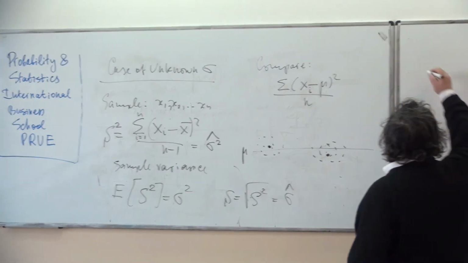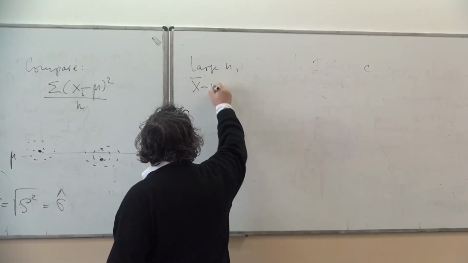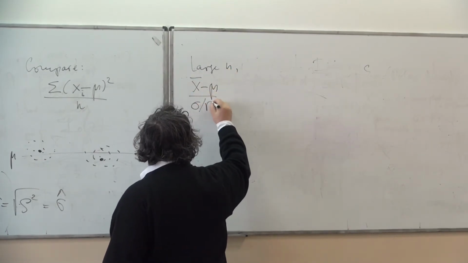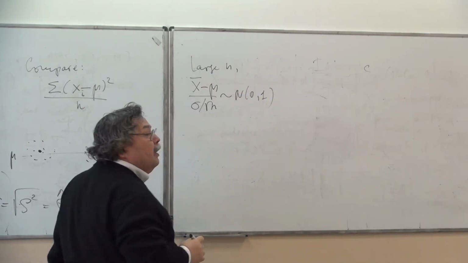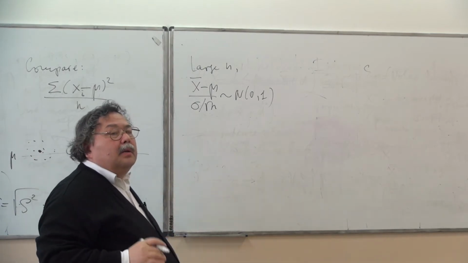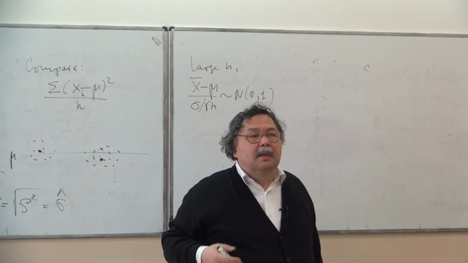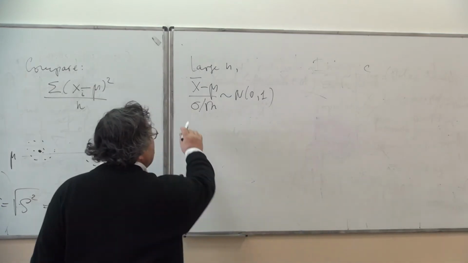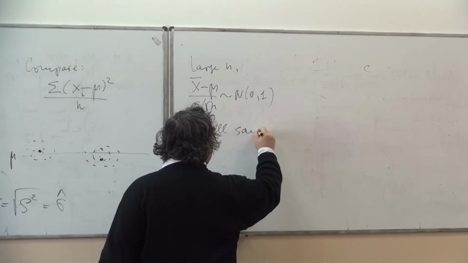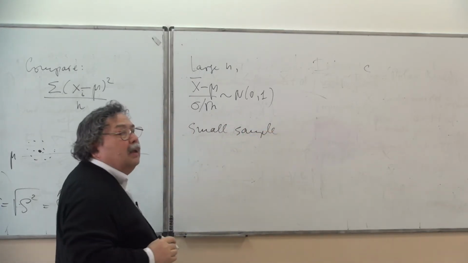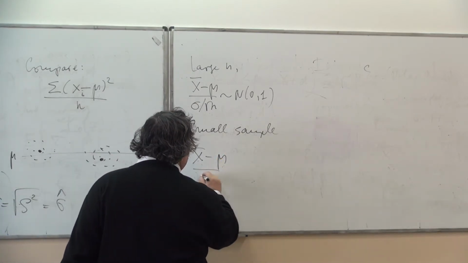Now, let me remind you that if a sample is large, then x bar minus mu over sigma over root n is standard normal. That is just a reminder. Now we say we don't know sigma. We estimate it on the same sample, and we use S for sigma here. So we are dealing with a small sample now. We can't use this formula, and we use this instead.